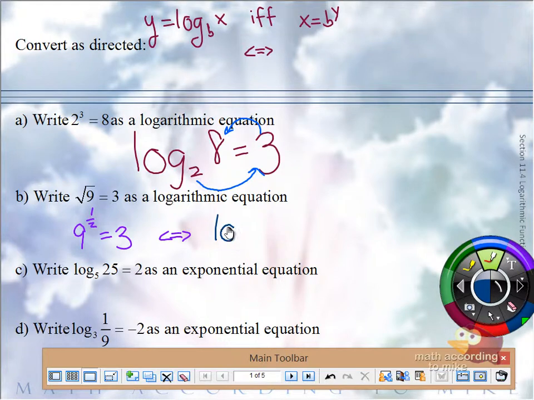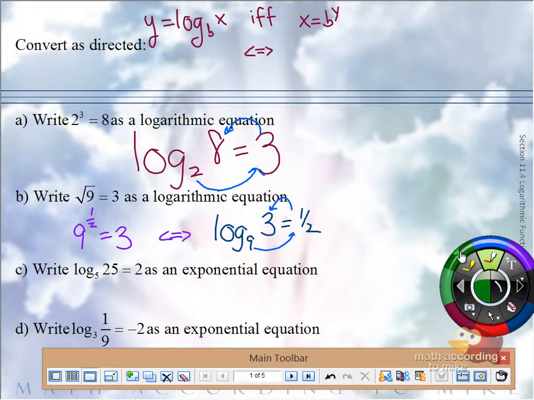Log base 9 of 3 equals 1/2, good, because 9 to the 1/2 equals 3. Questions?